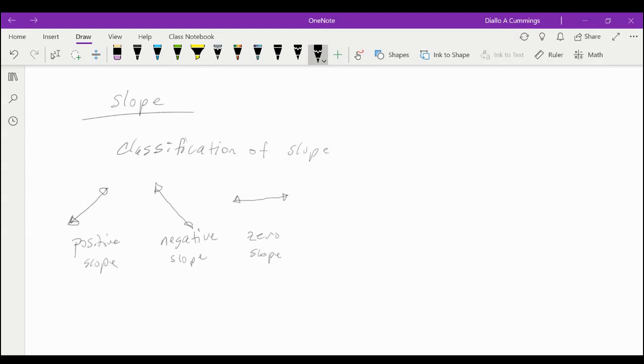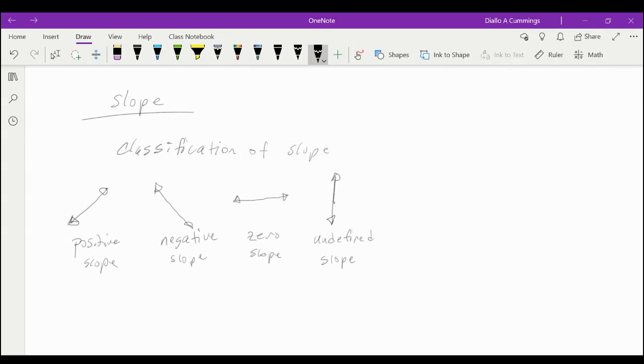And if you look at a graph and the line is vertical, I mean, if you read this from left to right, it's just going straight up and down, this has an undefined slope. All right, so those are the four classifications of slope.